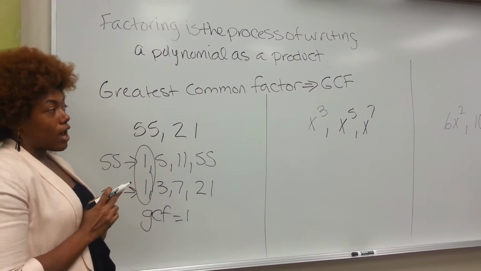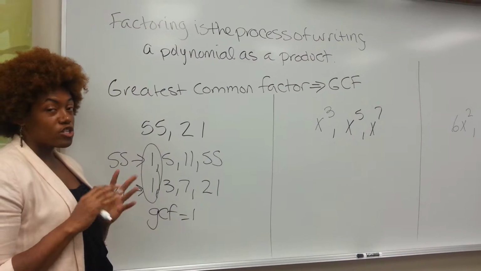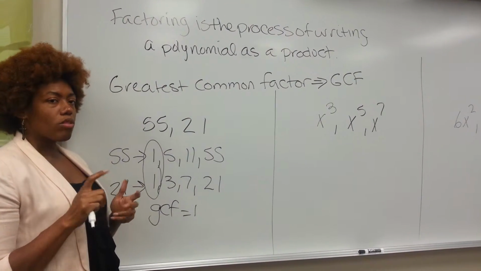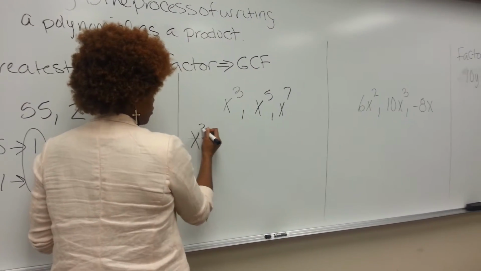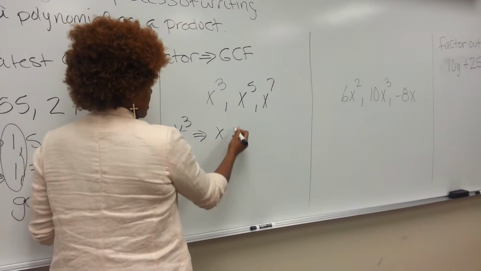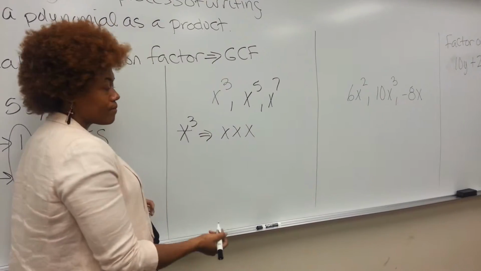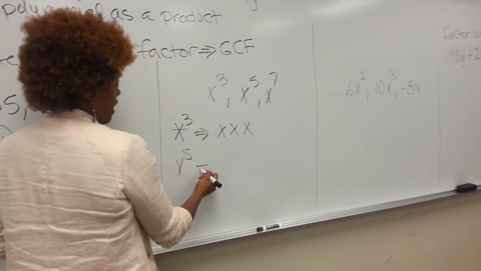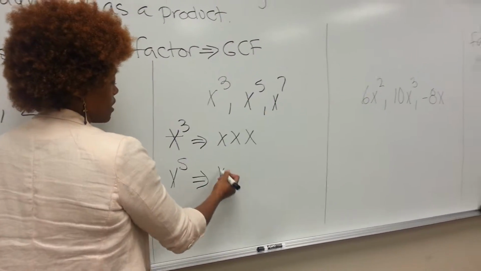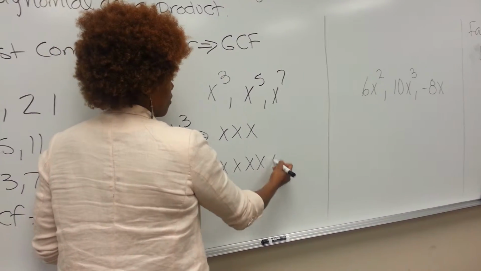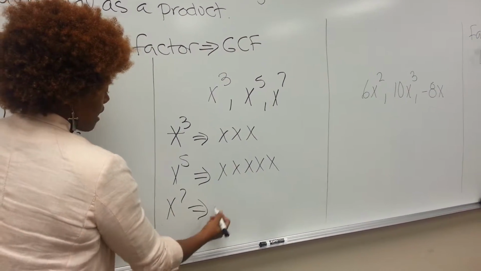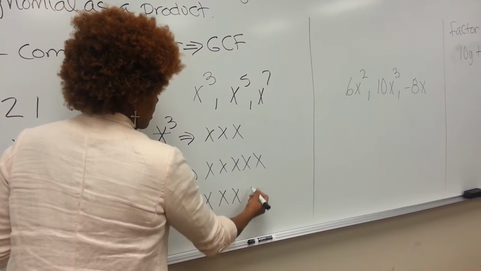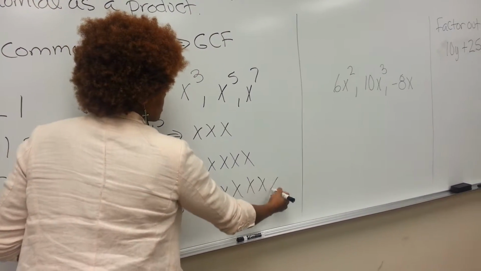So when we're talking about greatest common factor in terms of variables, well, if I have x cubed, that means how many x's do I have? 3. If I have x to the 5th, how many x's does that mean I have? 1, 2, 3, 4, 5. And if I have x to the 7th, that means I have 1, 2, 3, 4, 5, 6, 7.